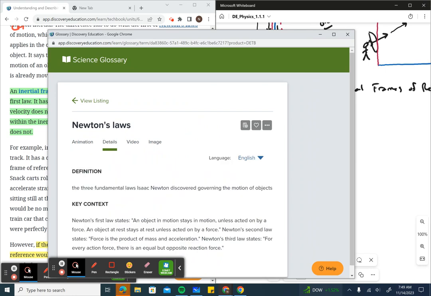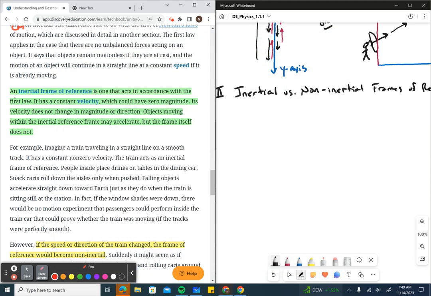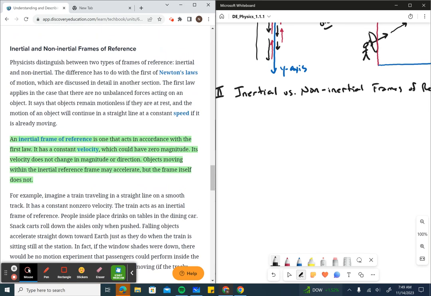All right. The first law: an object in motion stays in motion unless acted on by a force. An object at rest stays at rest unless acted on by a force. Okay, so what does our text say there? Two types of frames of reference, right?